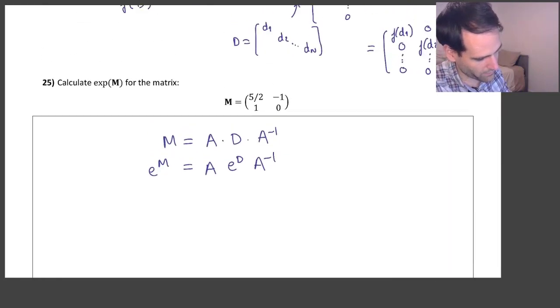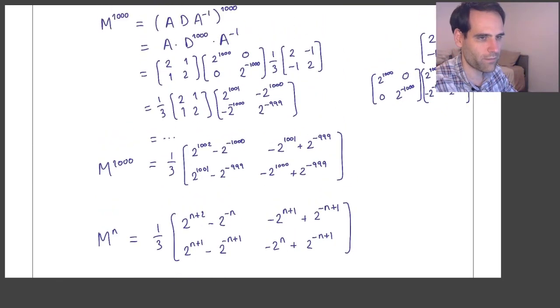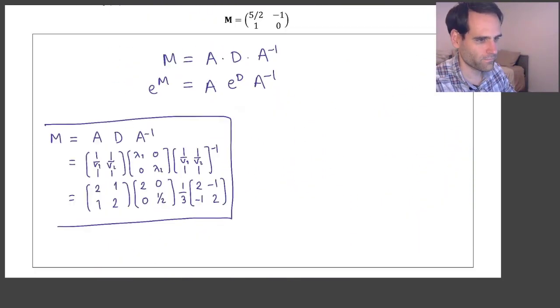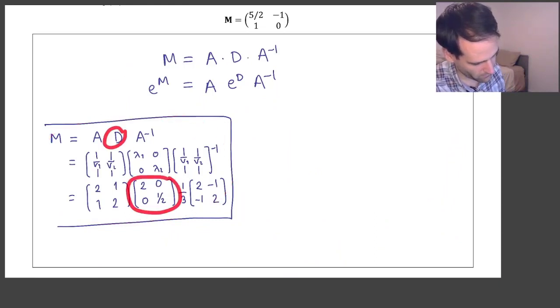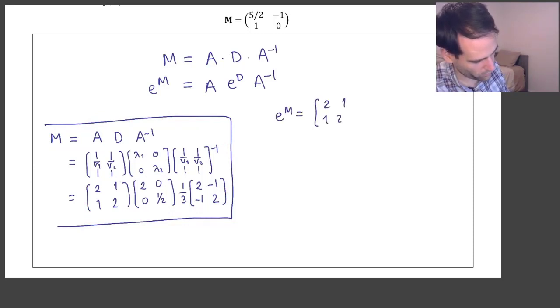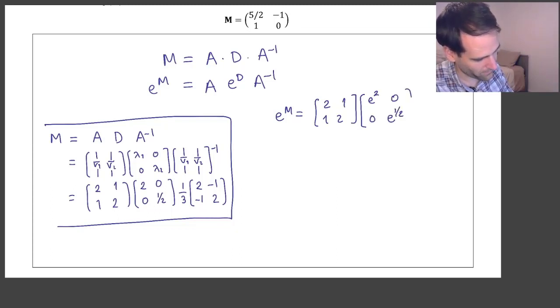We notice that this matrix is the same as in the previous example. So let me copy the result from the previous example. Okay, I copied it here. So we know what D is and what A is. And therefore, e to the power M is simply this matrix 2, 1, 1, 2 times the exponential of matrix D. So it's e to the power 2, 0, 0, and e to the power 1/2.